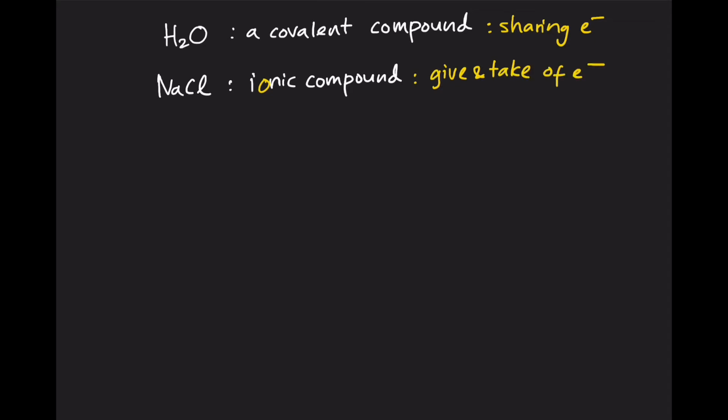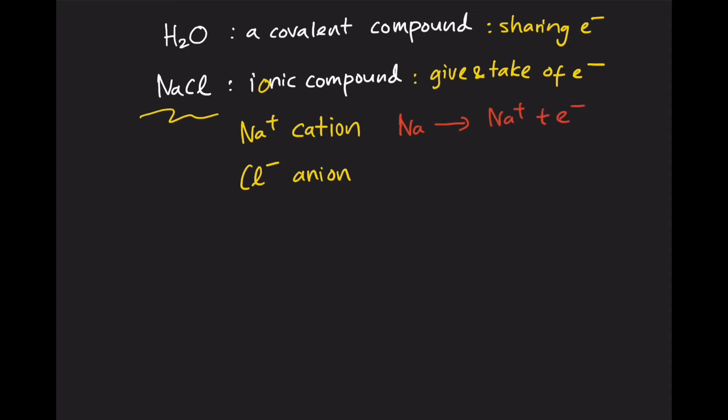Let's take a look at the NaCl first. We know that NaCl is a salt and it is formed of a cation, which is Na+, and Cl- as an anion. In the cation, we have the sodium metal releasing one of its electrons, and therefore it will become the cation of sodium, or Na+, and normally this occurs in the gas phase.